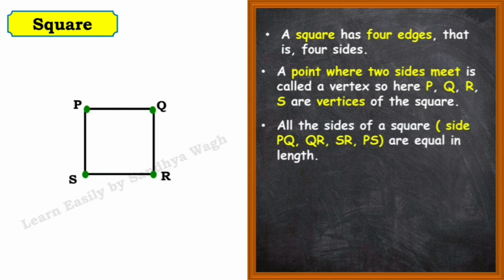All the sides of a square, side PQ, side QR, side SR and side PS are equal in length. You know that a square has 4 equal sides. So here side PQ, QR, SR and PS, all sides are equal in length and the length is 4 cm.